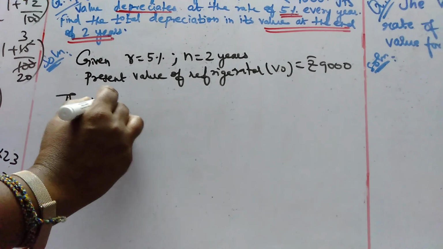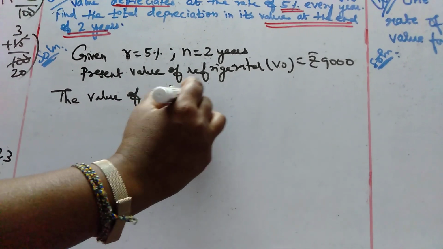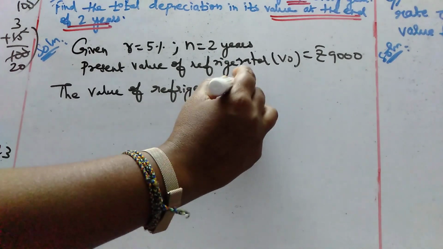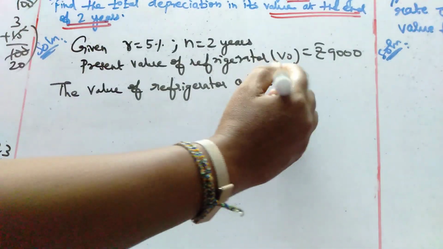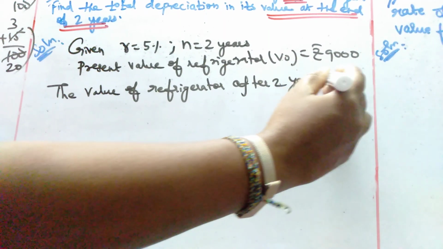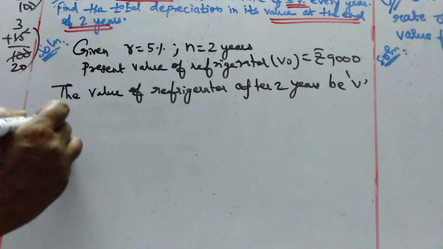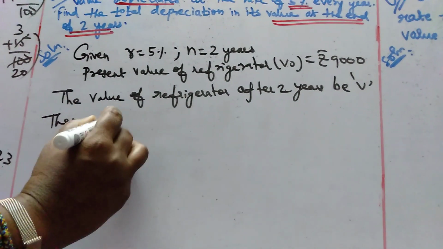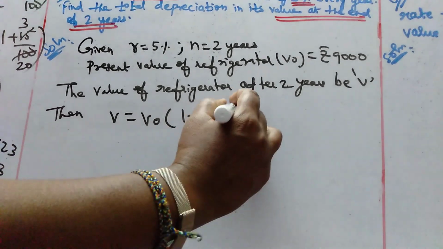The value of refrigerator after 2 years, V. Then V is equal to V0 into 1 minus R by 100 the whole power n.